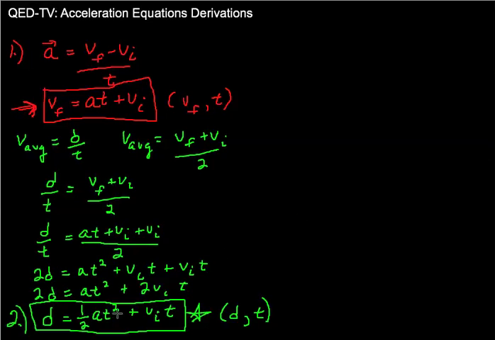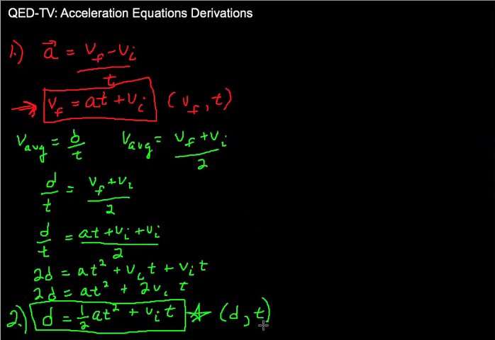And now what we want to do is a third derivation, and we want to figure out how to get an equation that still has a and t in it, but has, what's our last thing we need? We need final velocity, and we need distance. So we need an equation that does not have the time in it.